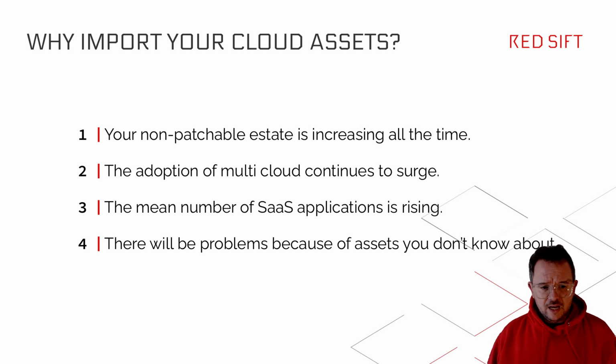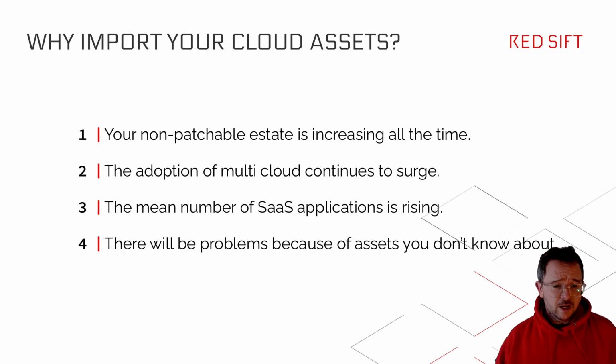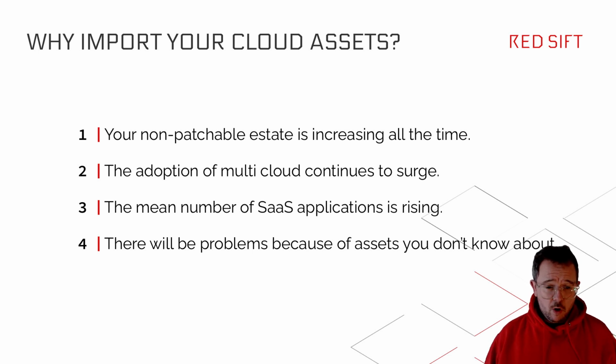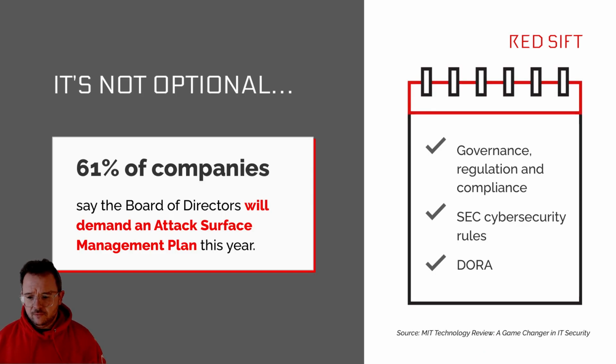The number of SaaS applications that are being used in your business is rising all the time. Therefore, the number of cloud assets that you have is also rising. And there will be problems and vulnerabilities from misconfigured hosts in the cloud that you don't currently know about. Therefore, it's essential that you have an inventory of all cloud assets.